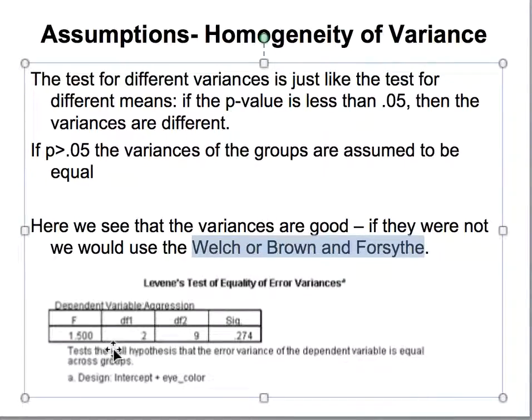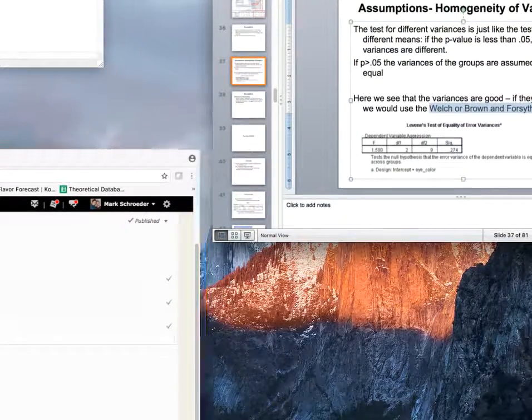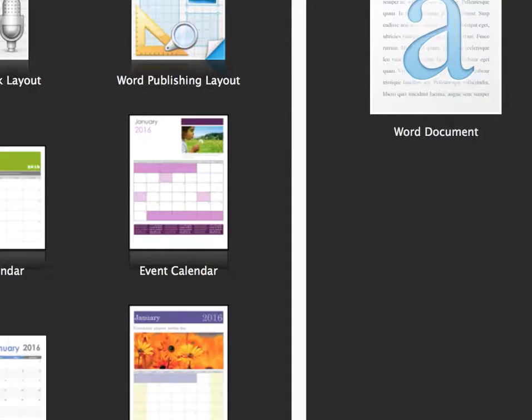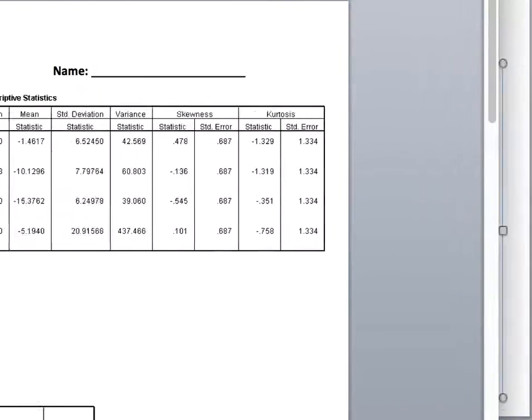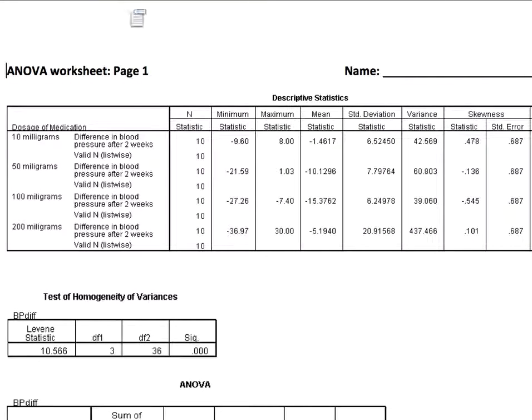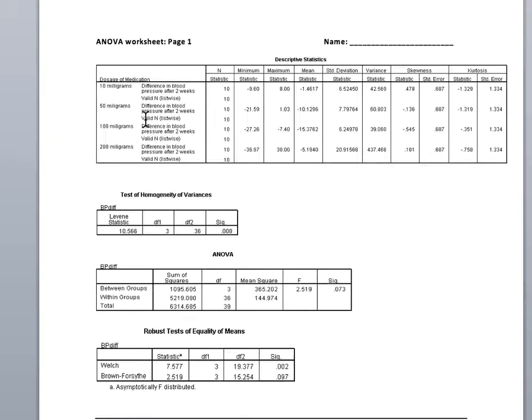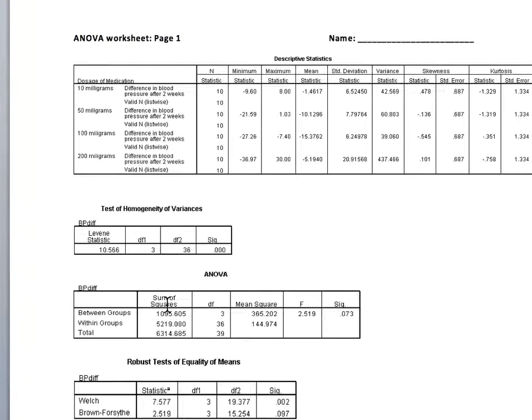On the exam and on some practice worksheets that I have, and let me see if I can pull one of those up quick. Each one of these worksheet pages goes with a quiz. I have descriptive statistics for you to look at any issues of normality.